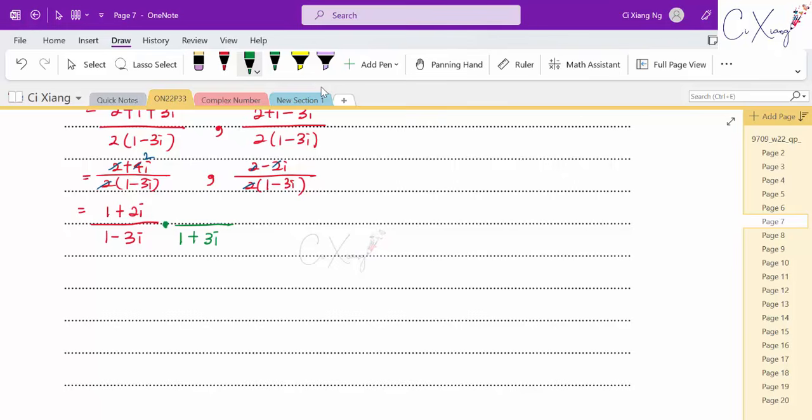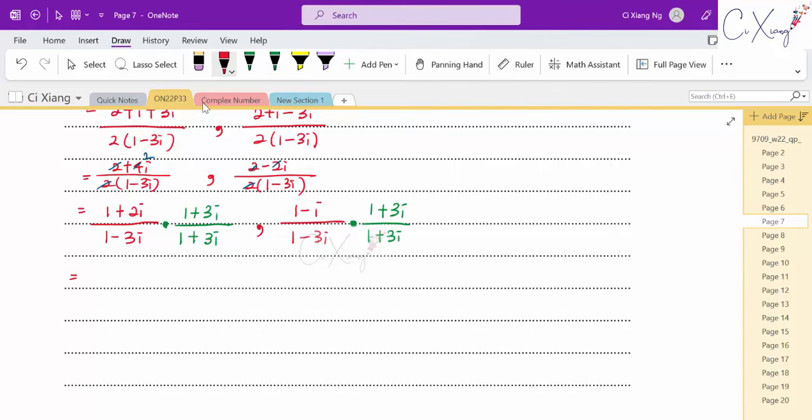So I multiply with 1 plus 3i on top and bottom here. Then for the other answer, I'm having 1 minus i divided by 1 minus 3i. Again, you have to rationalize it to get the most simplified answer at the end. So I multiply with the conjugate of 1 minus 3i.